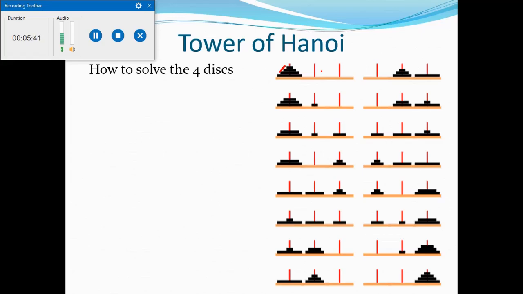So what will I do is copy the first 3 disks, with the help of this stick, to the auxiliary. How many steps will be required? Obviously 7 steps: 1, 2, 3, 4, 5, 6, 7. You can see the first 3 disks have been moved to the middle stick.